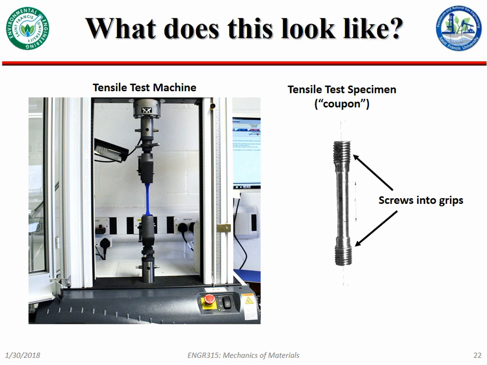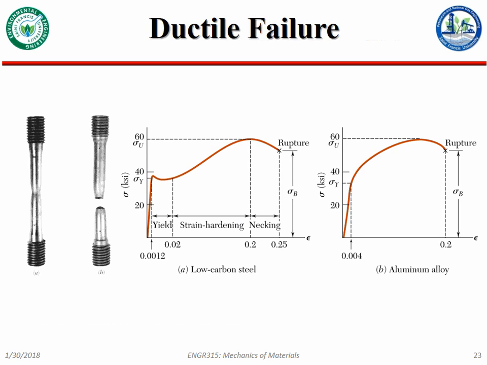It's essentially just two grips of varying configurations that grab onto some sort of test specimen or a coupon that is either screwed into the grips or clamped by them, and you stretch it. And if you do this for, say, a ductile material, you'll see a break that looks like this. This is characteristic of ductile failure.